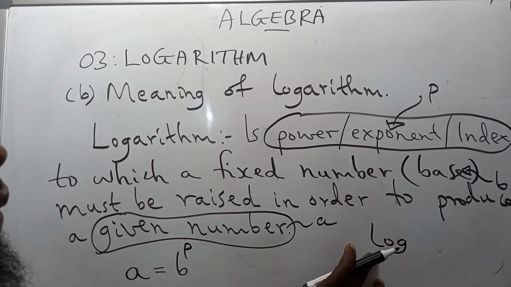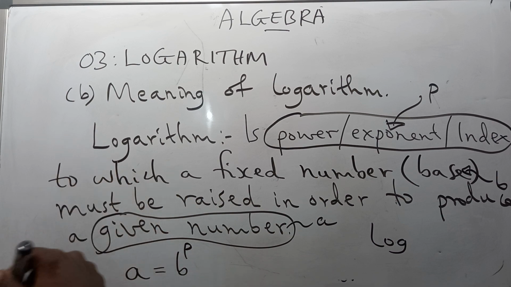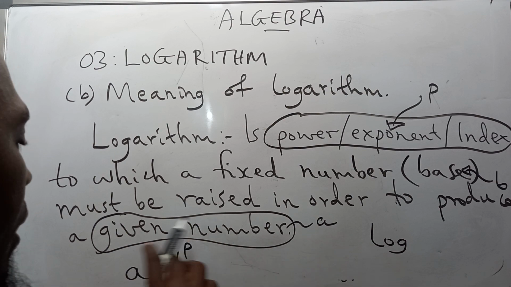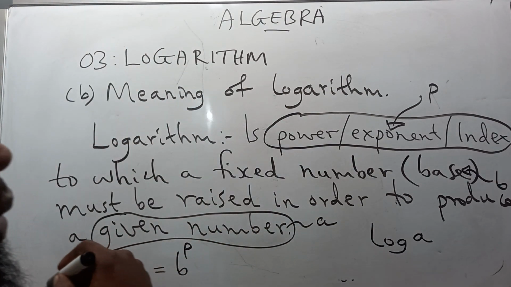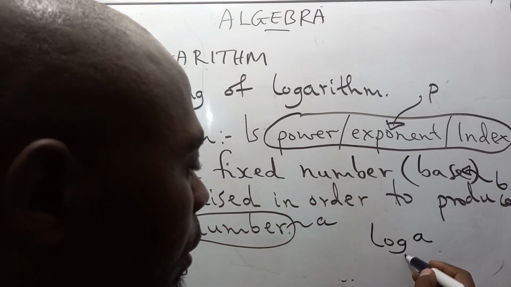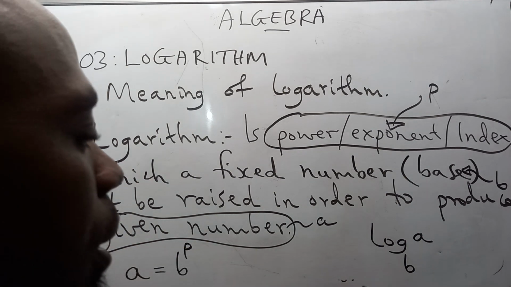I used first three letters of a word logos. And usually we write given number here. As well, usually we write base here. So, what does this expression mean?